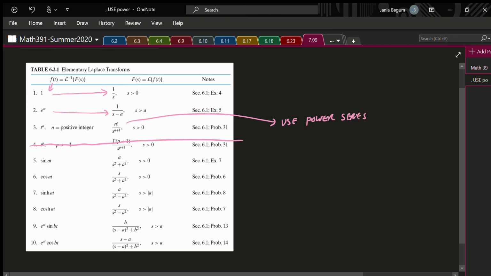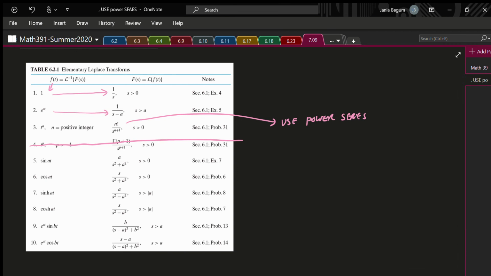If you get frustrated after a couple of times integrating, use power series. It will help you so much. And then sine, cosine, you can use those. I gave you the identities, their definitions in complex numbers, so that's useful. Sinh and cosh, you can look up their definitions from your calculus textbook and then apply those exponential definitions. And 9 and 10, we kind of wrote them out.